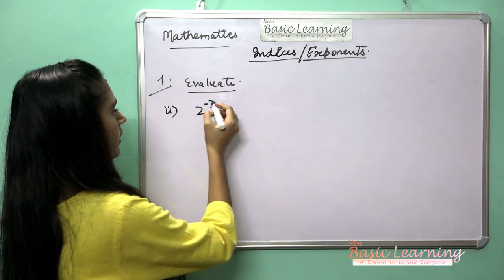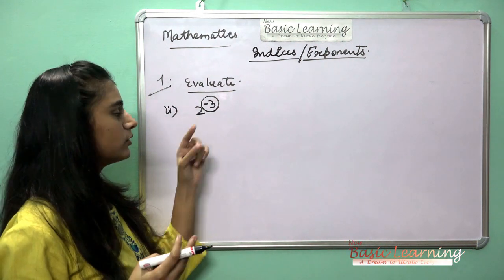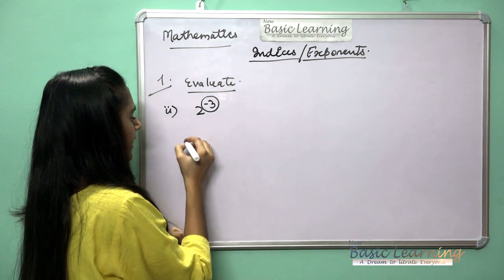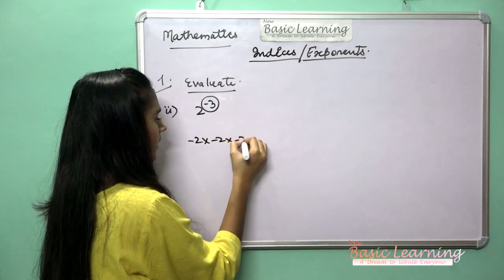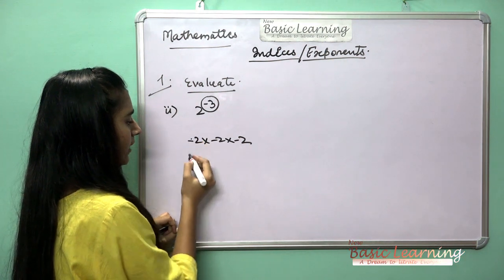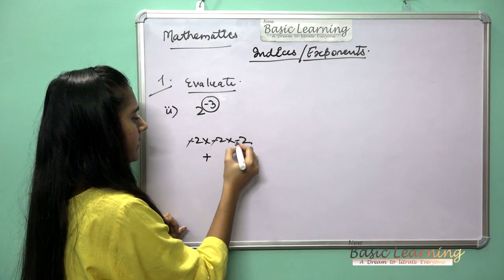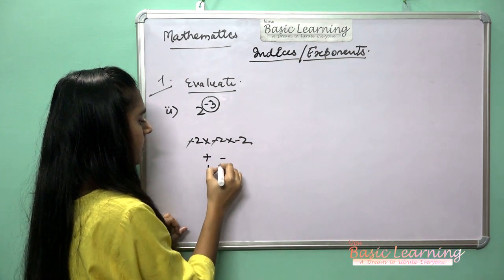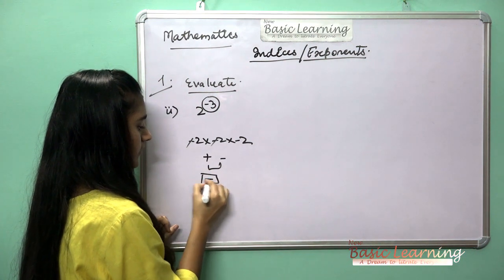Now here, minus 3 means we have to write minus 2, 3 times, that is minus 2 into minus 2 into minus 2. When we cancel minus with minus, we get plus, and when minus and plus, we get minus.